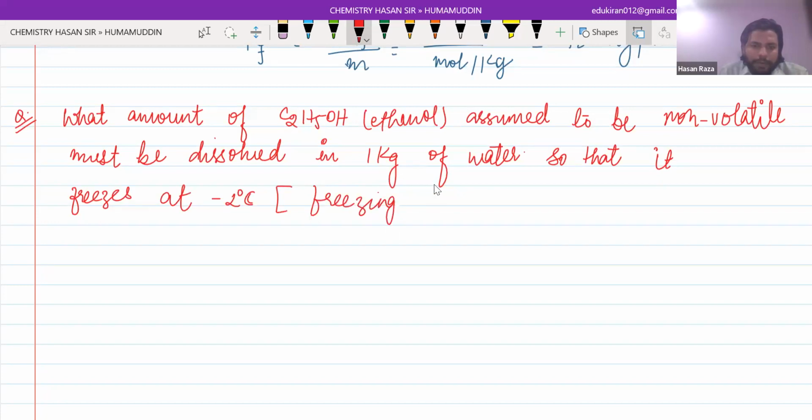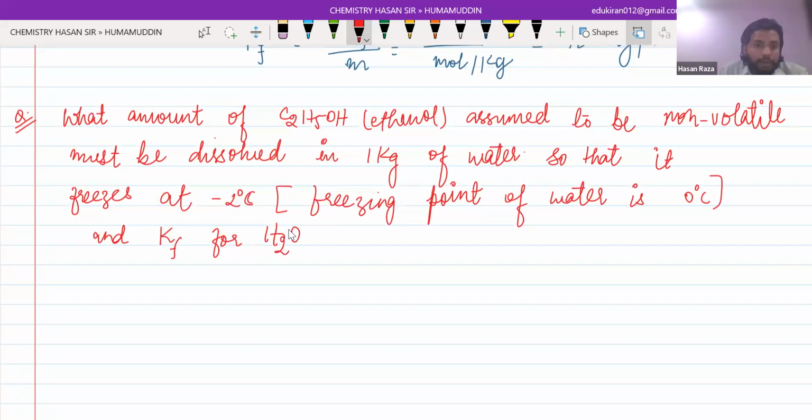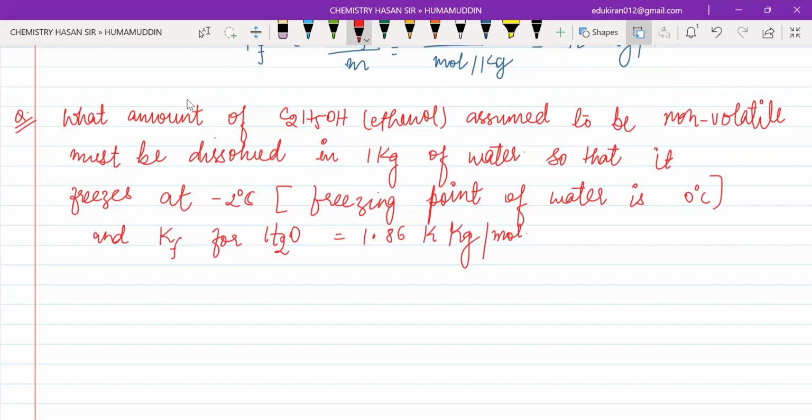Freezing point of water is 0 degrees centigrade, that is the pure solvent, and the cryoscopic constant for H2O, and also remember that this constant Kf depends upon the nature of the solvent, is given as 1.86 Kelvin kg per mole. Please do write.